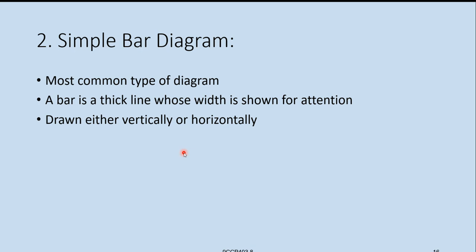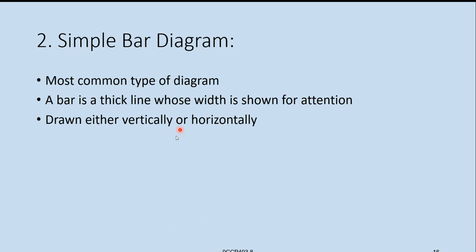So depending on the data, we will be selecting which type of bar diagram we use. A bar is a thick line whose width is shown for attention. A bar is a thick line whose width is shown, like for example, if this is the x-axis, we can show like this.